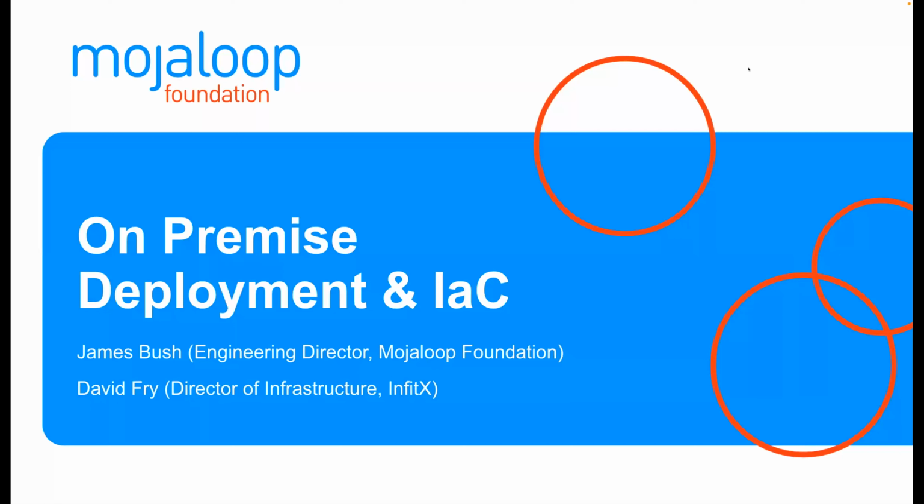So hi everybody again. David and I are just going to talk a little bit about the work that's been going on in the on-prem work stream. This piece particularly focused on the infrastructure as code. There is a volume of infrastructure as code in the Mojaloop GitHub world. Historically, it has targeted production quality deployments in AWS cloud.